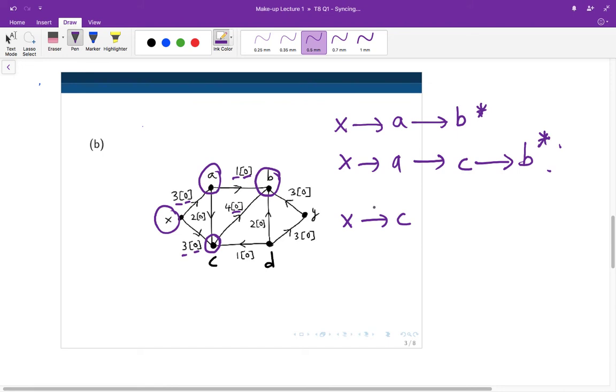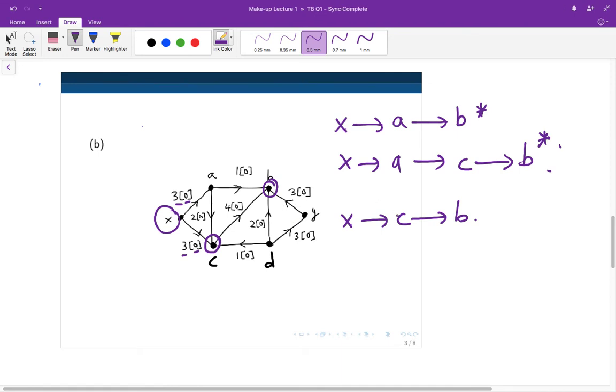Finally, we are left with the case when we go from X to C. In this case, we can still move from C to B, right? Because the arc, well, this can be considered as a forward arc, which is unsaturated. Then after coming to B, we can't go anywhere else because we have all incoming arrows with 0 flow.